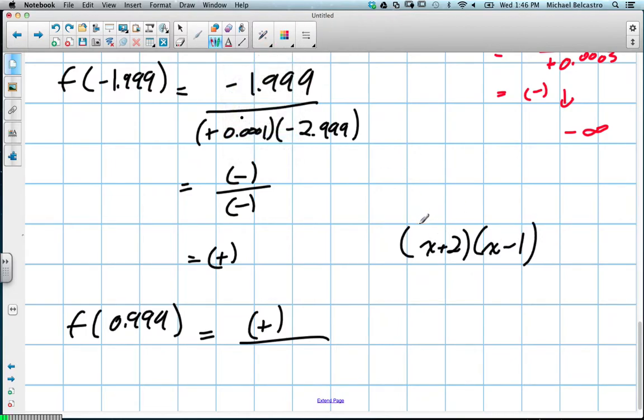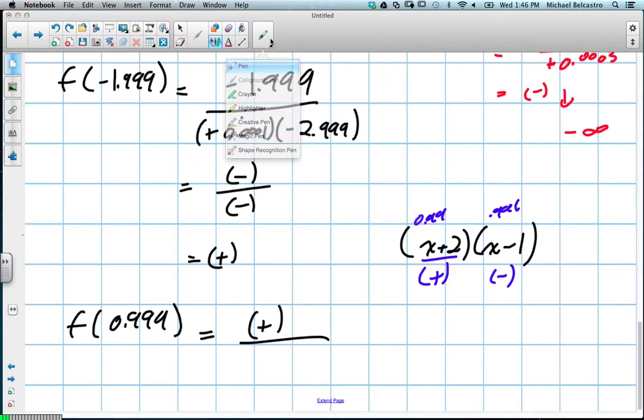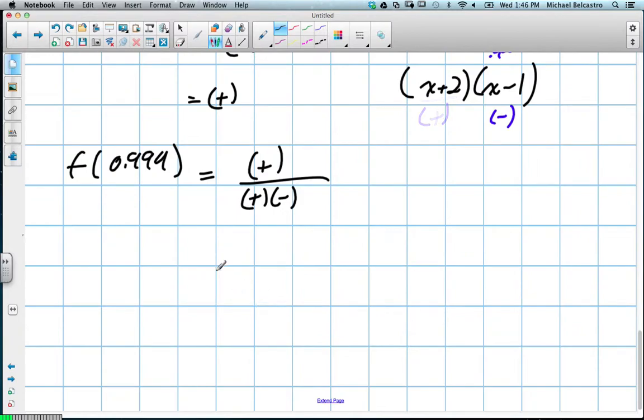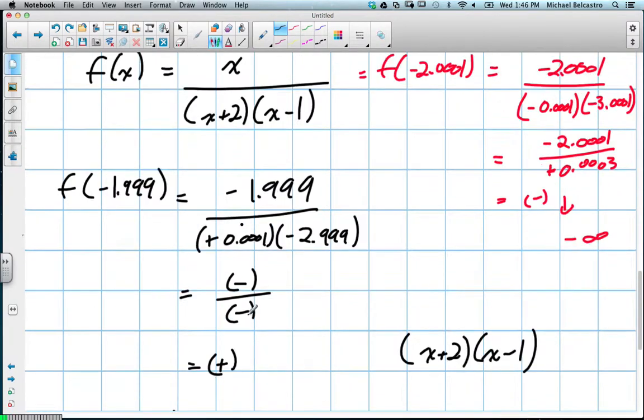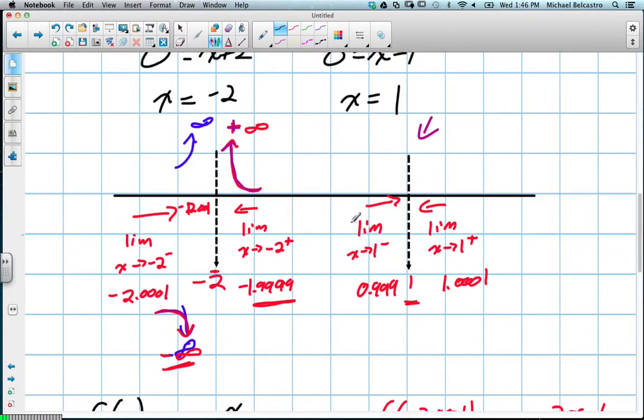When we plug in 0.999 into x plus 2, we get a positive value. And when we plug in 0.999 into x minus 1, we end up with a negative value. So we'll have a positive times a negative, which will give us a negative on the bottom, which means when we divide these two terms, we have a negative value.